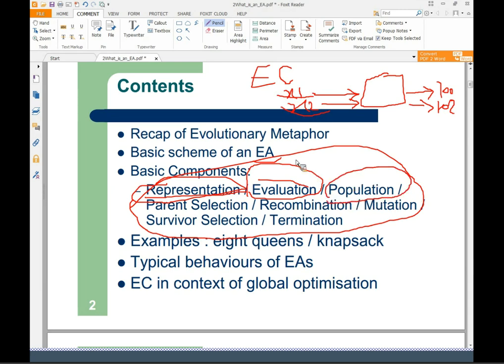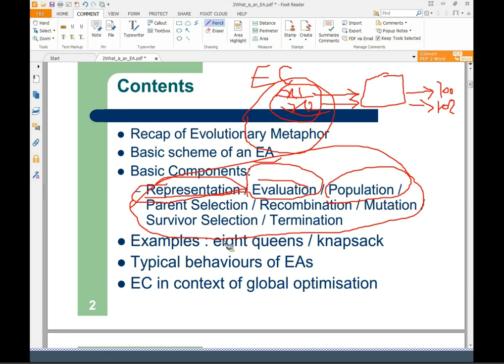Another part is population. Population is a collection of all individuals or all solutions. At the beginning, all of the solutions are produced randomly, but in the next loop or next generation, they are produced by a combination of parents, a combination of previous individuals, producing a new generation or children.